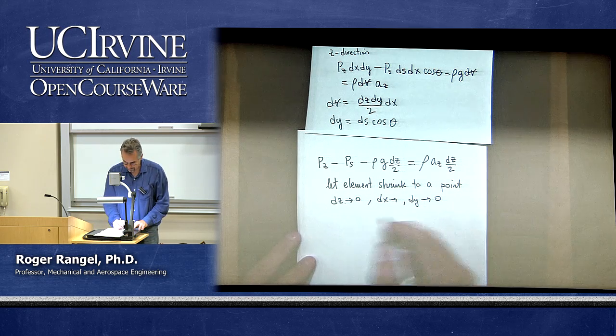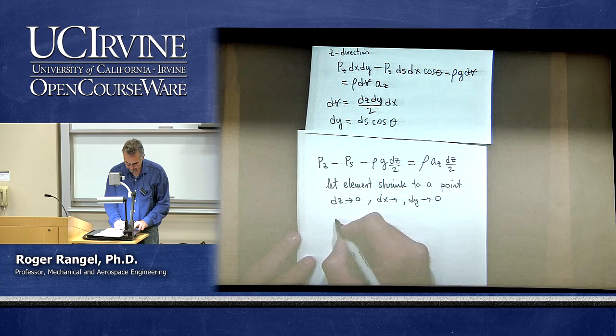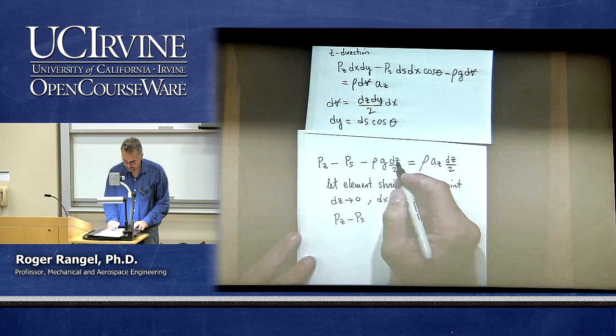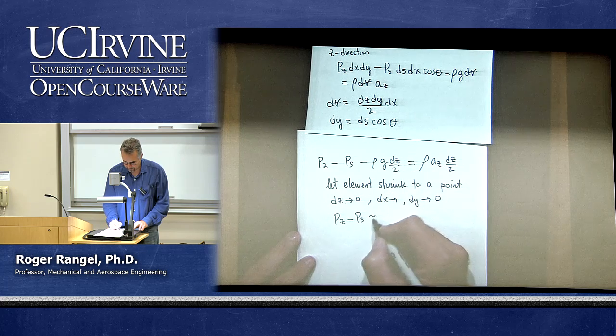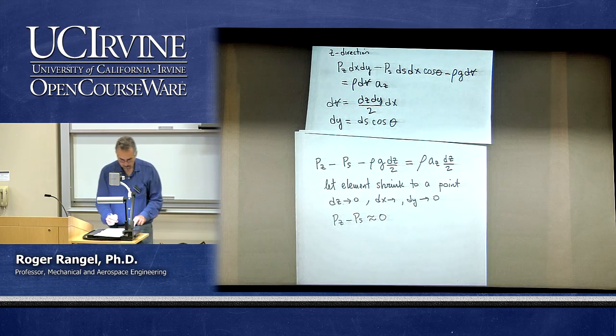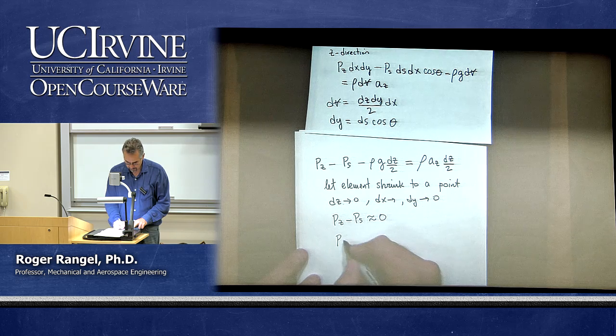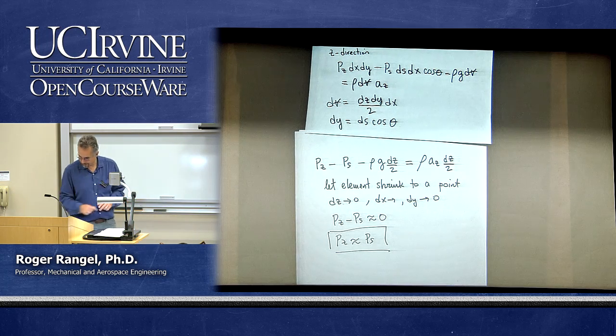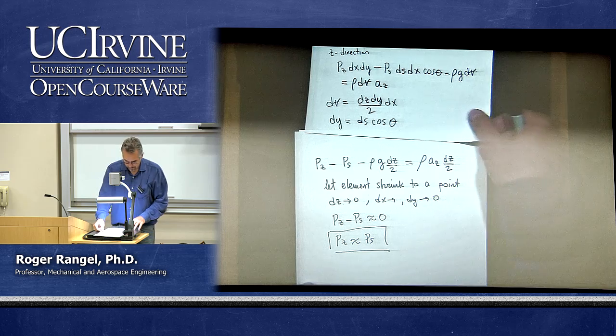So as I take that limit, what I find is that pz minus ps becomes vanishingly small, so this approaches 0, which of course means that pz is equal to ps. And what is that telling me?